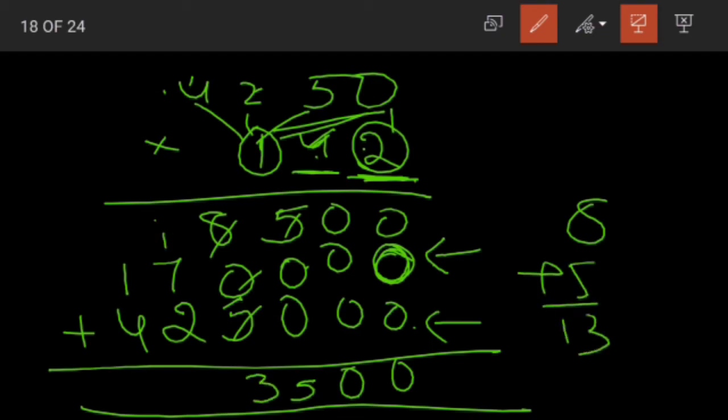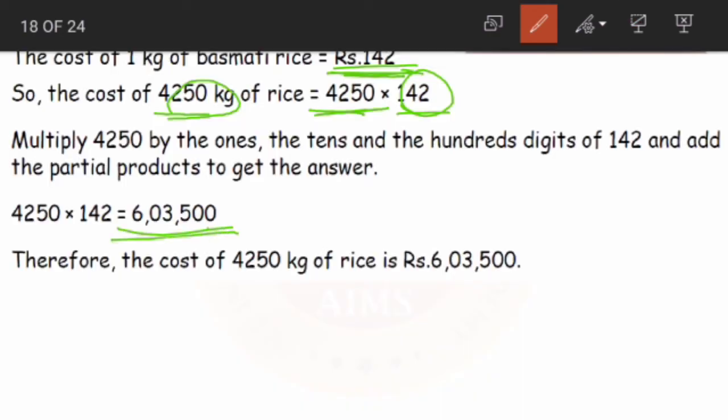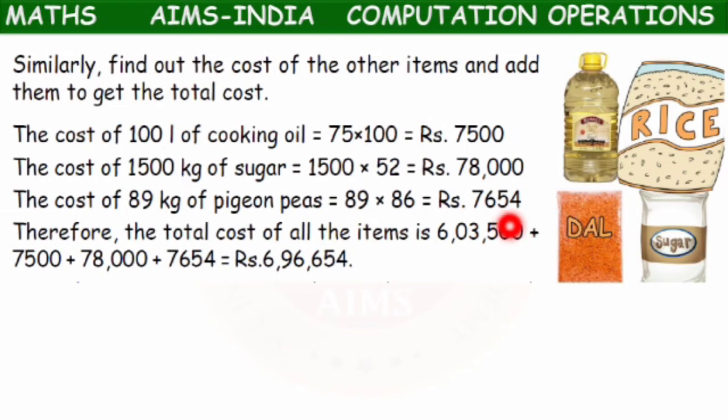So 3 here, 1 carried. 1 plus 7, 8. 8 plus 2 is 10. Yes. So 0 here, 1 carried. 1 plus 1, 2. 2 plus 4 is 6. What is the final answer, children? 6,03,500. Yes, this is the cost of 4,250 kgs of rice.